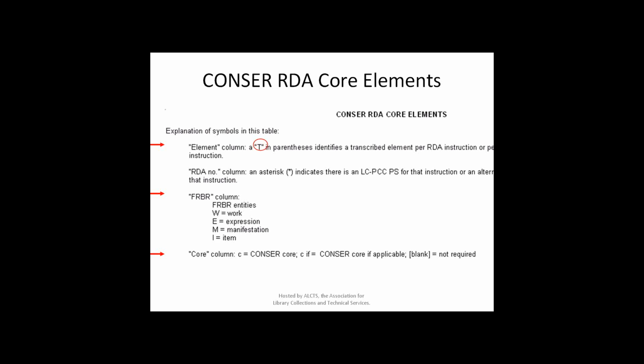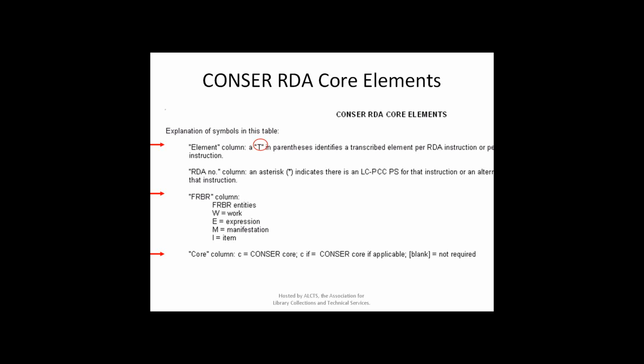And so an important part of RDA is following transcription instructions when appropriate. So this set of RDA core elements uses a T in parentheses to give the cataloger a pointer, knowing that this particular element is a transcription field and that they must follow the guidelines throughout RDA for transcription for particular fields.